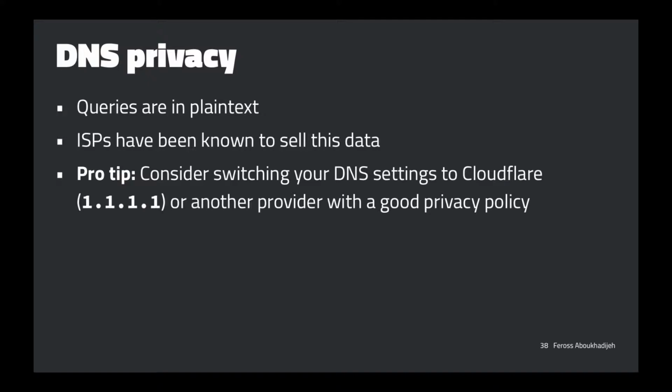And these internet service providers have been known to sell these lists. They'll say this internet subscriber frequents these domains, and that's obviously not something you expect a company you're paying to be doing, but this is possible because of the way the protocol is designed and the fact that those queries are in plain text.